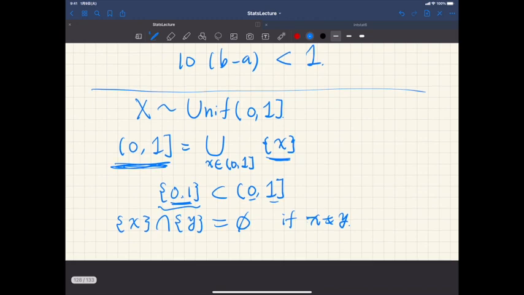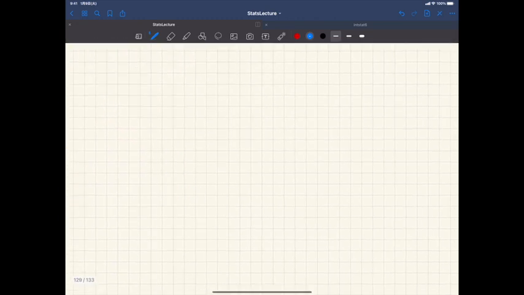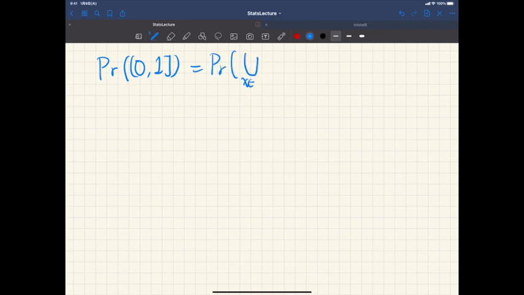So it seems the probability of this interval is just the probability of the union of this. So according to axiom 3 of probability measures, we may split this probability into a summation of probabilities.